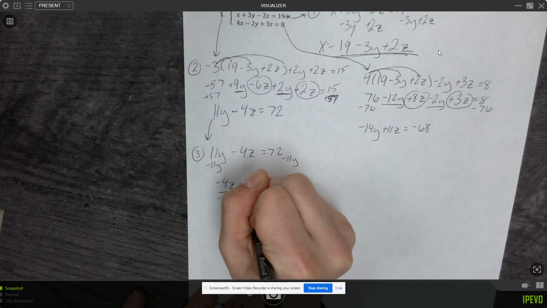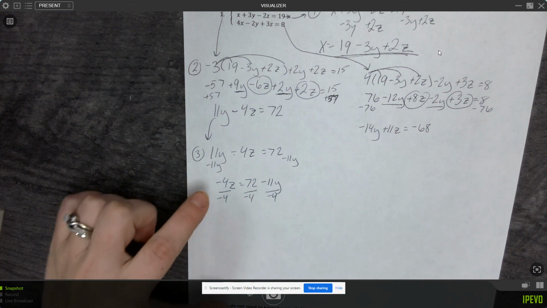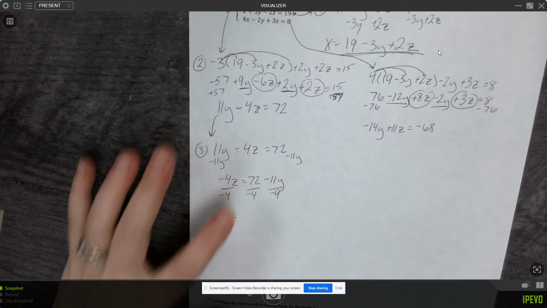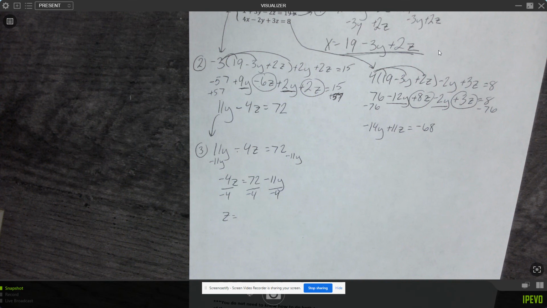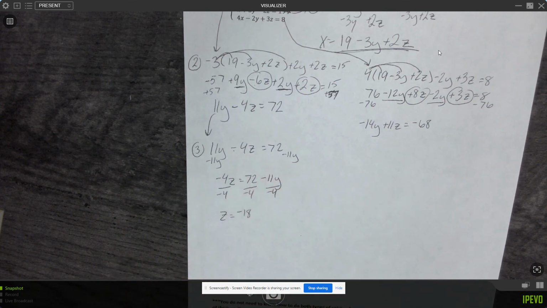So all 3 of your terms need to get divided by negative 4. This is where you're going to have those fractions. And this is where I said I'm going to have 1 and not 2. Obviously, your negative 4s over negative 4s cancel, leaving you with z equals 72 divided by negative 4, which is negative 18. That is not a fraction.